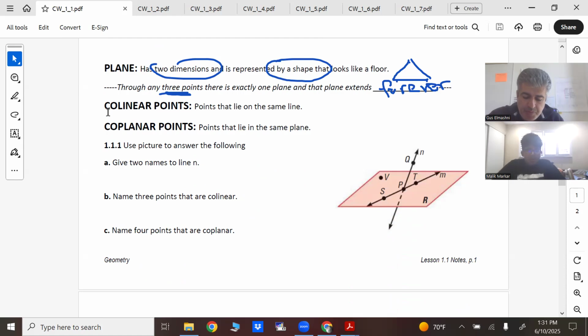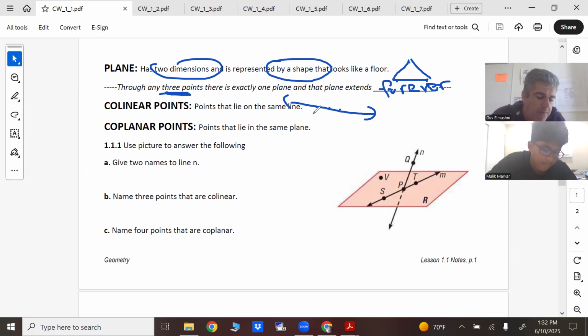Collinear means all the points are on the same line. So a line is collinear. Correct. Okay.